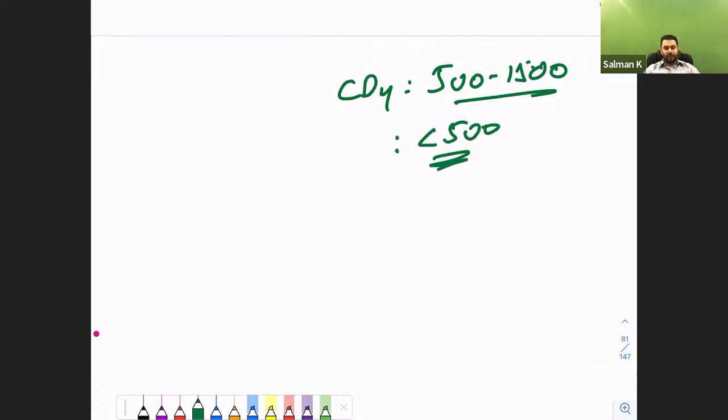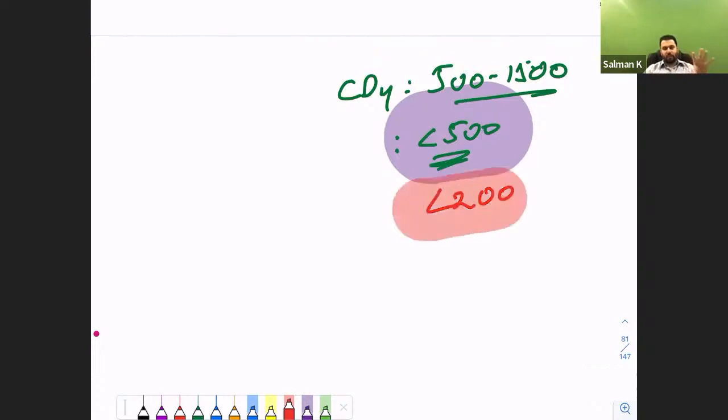In this also there are levels: less than 500, less than 200, etc. With less than 500, we can expect people to become immunodeficient due to various causes, but less than 200 happens more or less due to HIV. That's why some specialized infections which are seen only in HIV are seen here.